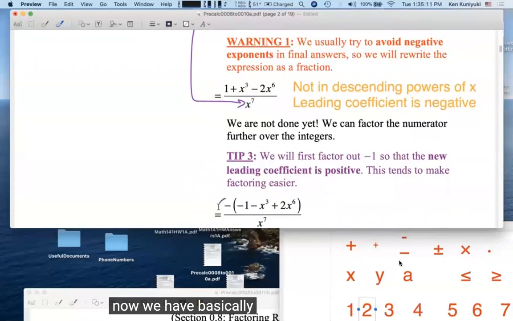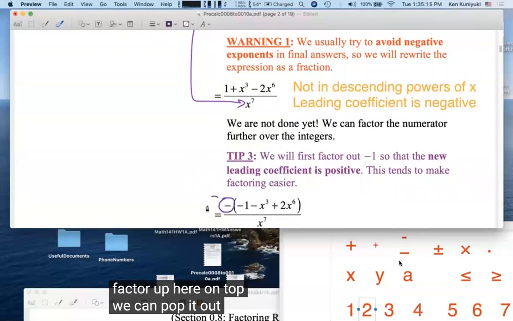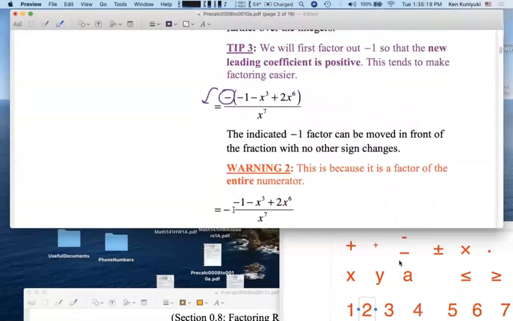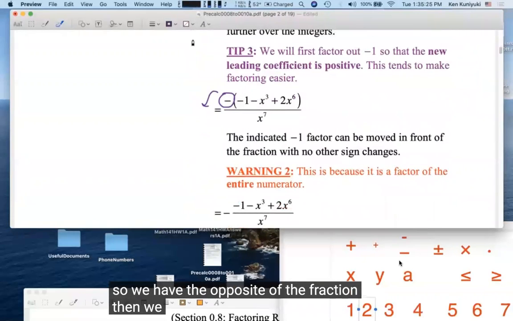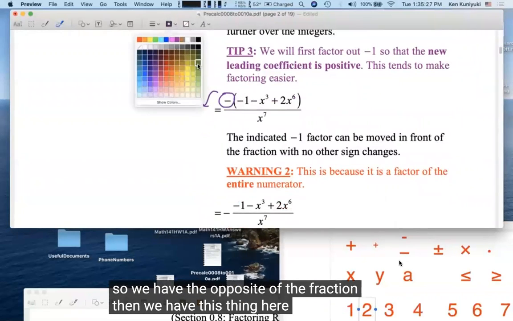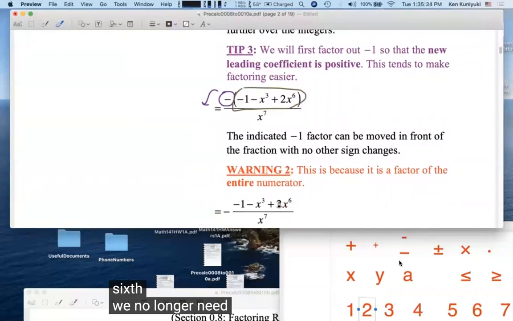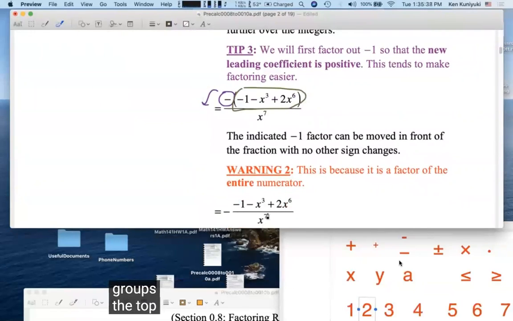Now we have basically a -1 factor up here on top. We can pop it out. So we have the opposite of the fraction. Then we have this thing here, -1 minus x cubed plus 2x to the 6th. We no longer need grouping symbols because the fraction bar automatically groups the top and the bottom.